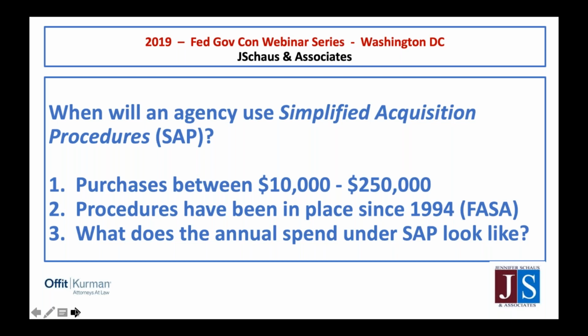Okay, so when will agencies use it? As we talked about just moments ago, they'll use it for monies being spent in the range of $10,000 to $250,000. That's for both goods and services. The procedures currently in FAR Part 13, which is where you'll find them, have been in place for all intents and purposes since 1994, with the passage of the Federal Acquisition Streamlining Act of 1994.